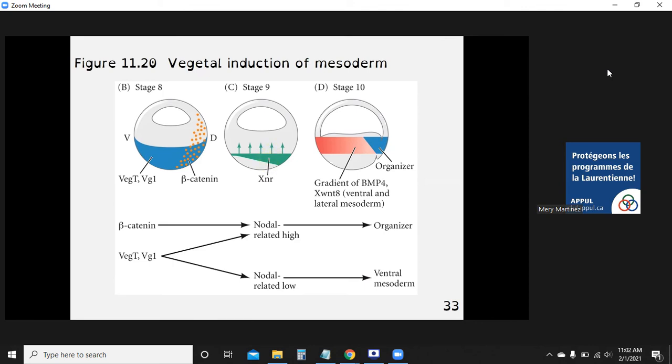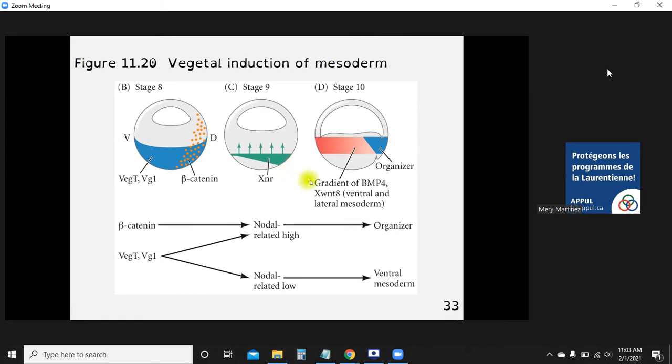So that creates a gradient being higher in the dorsal region compared to the ventral portion of the embryo. In stage 10, as we see in here, the mesoderm is specified by this greater concentration of the Xenopus nodal-related genes, okay?